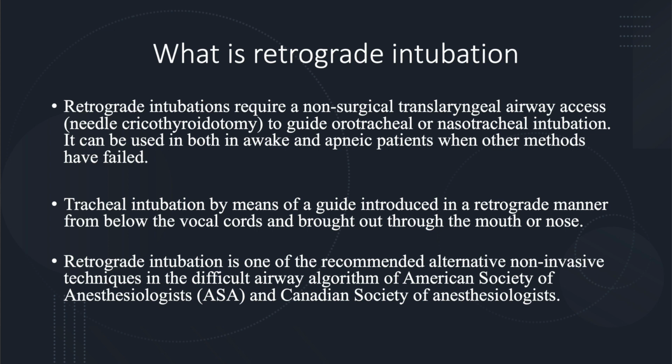A little more on what is a retrograde intubation. Retrograde intubations require a non-surgical translaryngeal airway access to guide the oral tracheal or nasotracheal intubation. So this airway access is usually accomplished in a procedure that's similar to a needle cricothyrotomy.